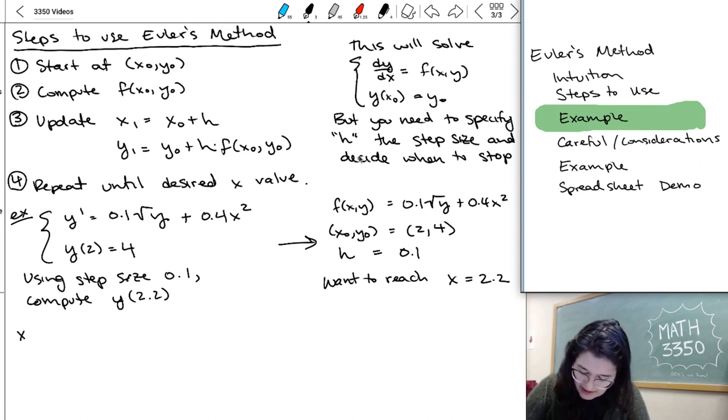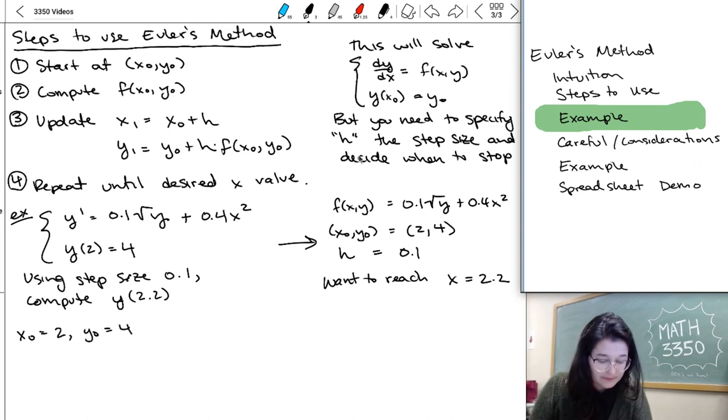So we start at x0 equals 2, y0 equals 4. So that's our start at x0, y0. And here, we're going to have to evaluate f of x0, y0.